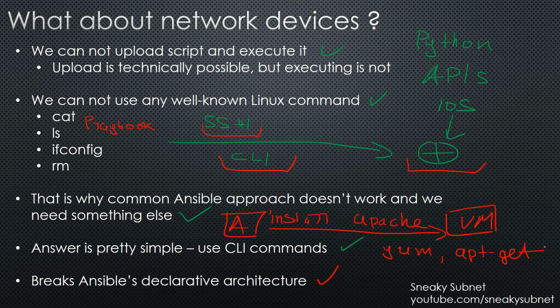Since Ansible can do it itself, it can figure out what tool to use to install Apache. And this method is declarative. We have a pretty broad statement and Ansible will convert it into low-level commands.